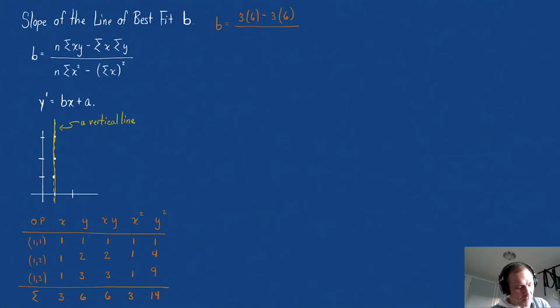We're going to have n, which is 3, times the sum of the x's squared, which is 3, minus the sum of the x's, which is 3, and we square it to get 9. But notice what we get. We get 0 in the numerator, and we get a 0 in the denominator.